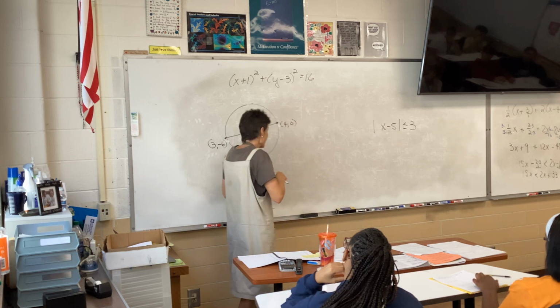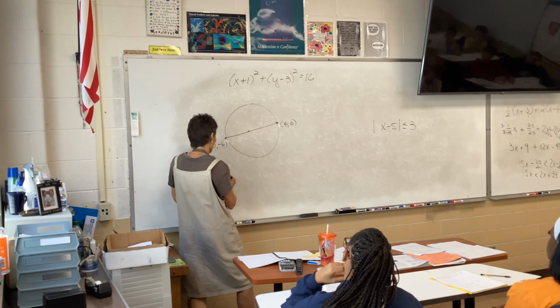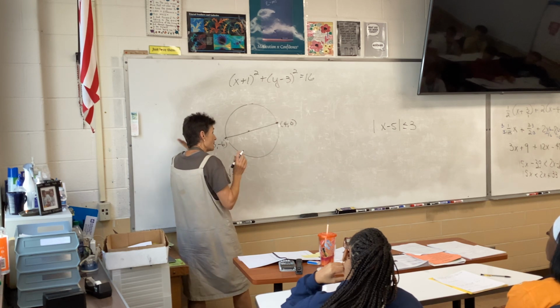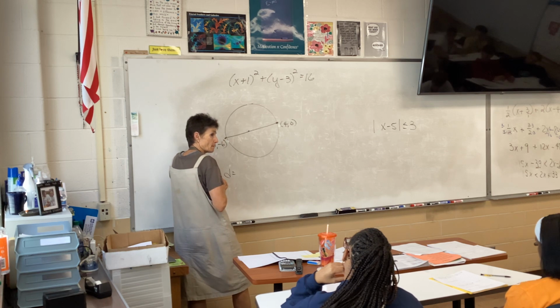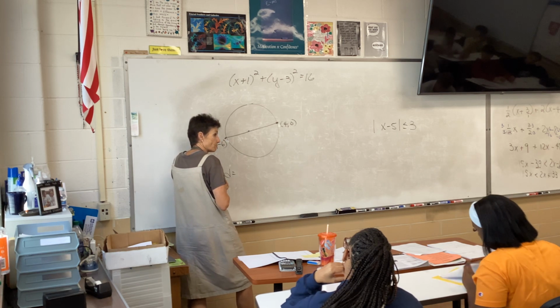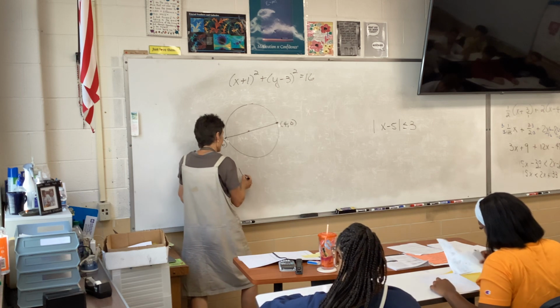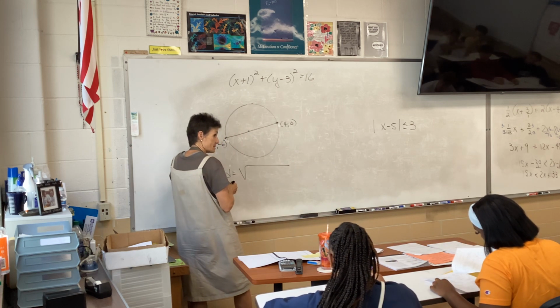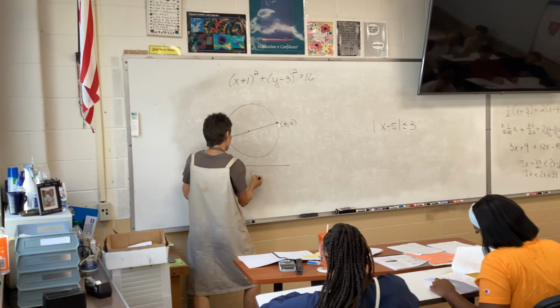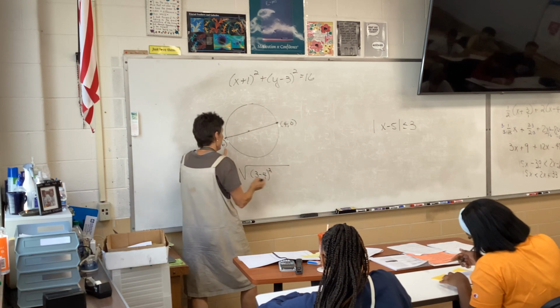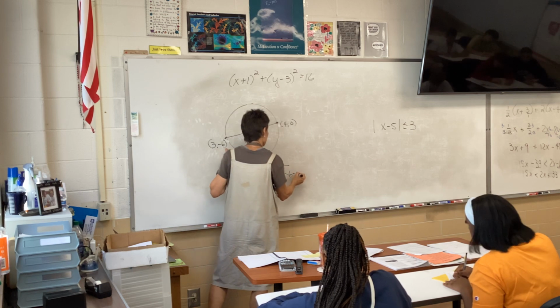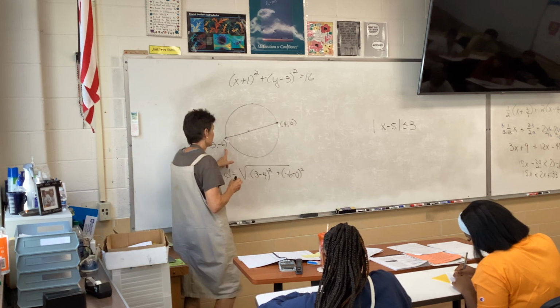Yeah, so we could do the distance formula. Think back, how does the distance formula work? I gotta subtract my x's. So 3 minus 4 squared plus negative 6 minus 0 squared.